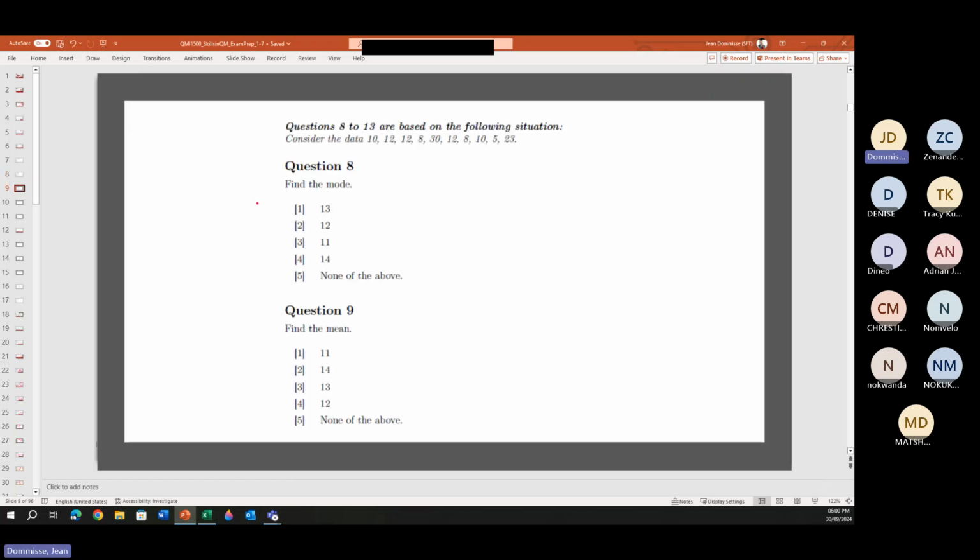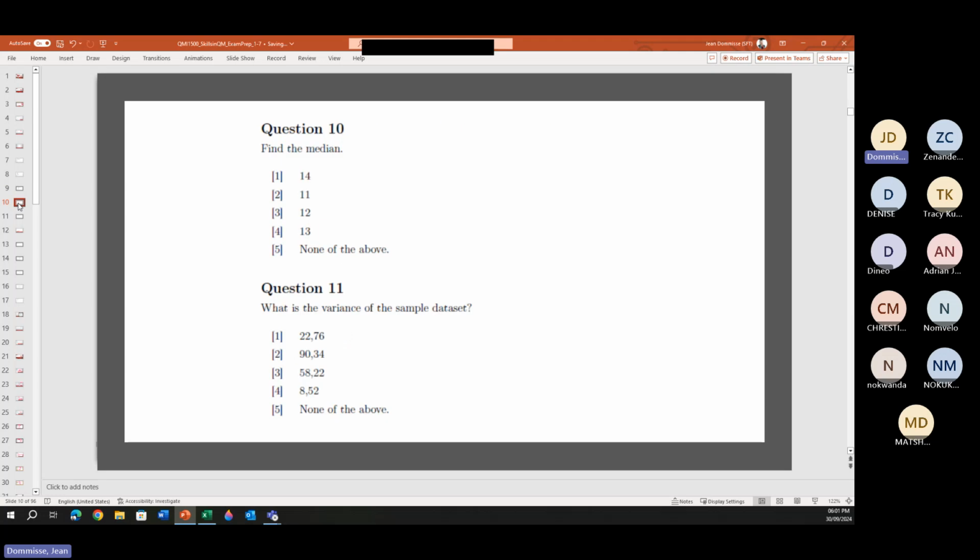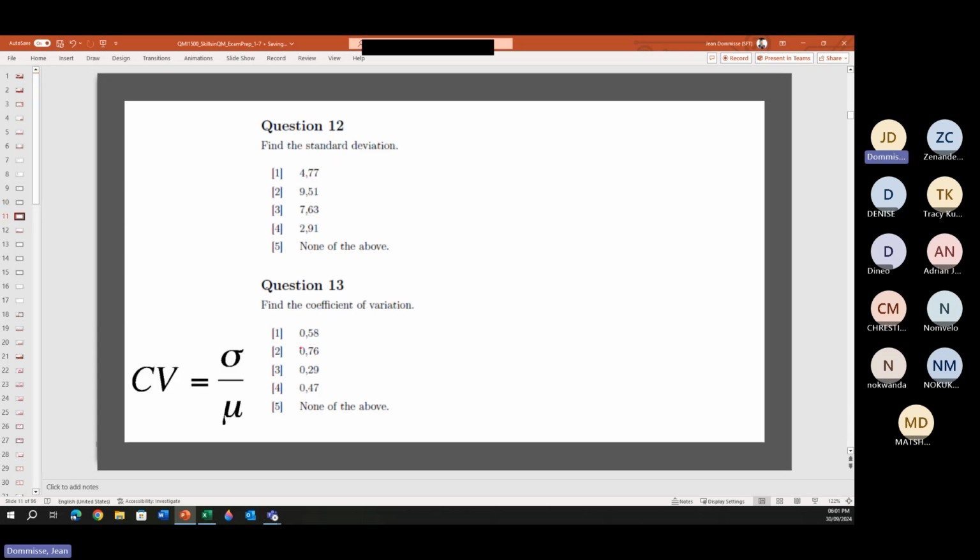into another set. So again, they give us a data set. We need to find the mode, the mean, the median. So that's all there. Variance we can add to it, standard deviation, and then also coefficient of variation.